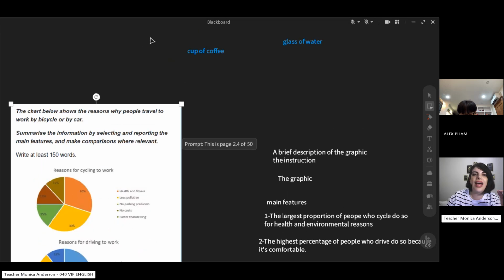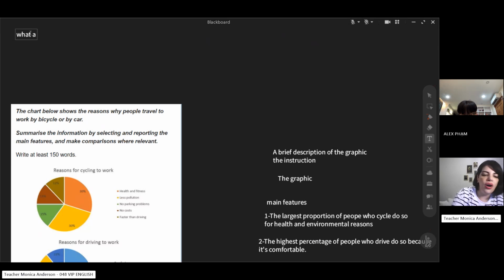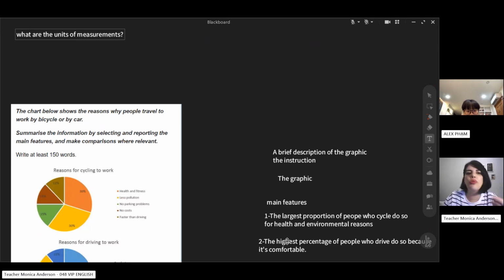So if you answer these questions, the first one: what are the units of measurement? Here, as you can see, we have percentage. So we say percentage and proportion. We have two synonyms here.